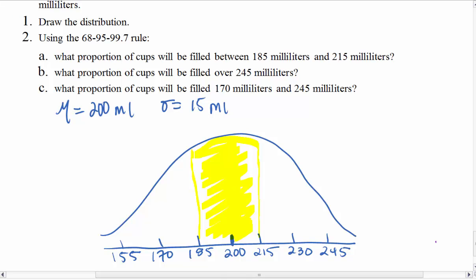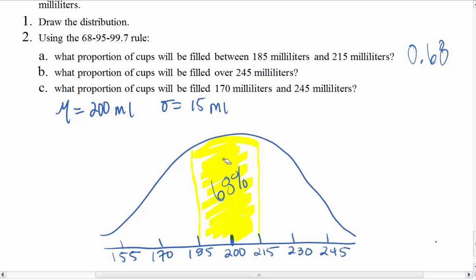So what does that mean? That means that this is 68% of the data. Or if we're talking about a proportion, it'll be 0.68. This will be the answer to what proportion of cups will be filled between 185 and 215 milliliters.